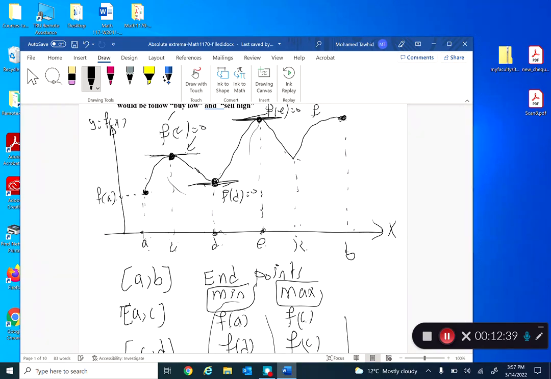The slope of the tangent line here is exactly the same as the slope of your f of x at this point, which is c. Likewise for d, the slope of this function at d should be 0, because you have a horizontal tangent, and here also at e you have a horizontal tangent.